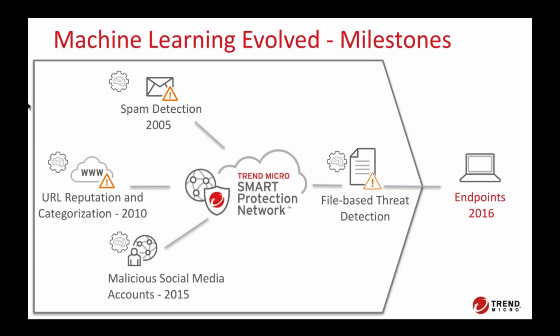So you can see that we've had machine learning around since 2005, and we've evolved that ourselves. For 12 years now we've been working with that. Even though my highlight here is that people say XGen, the next generation of security, is machine learning, it's not actually that next-generational because we've been using it since 2005. So yeah, that's my highlight for that one.